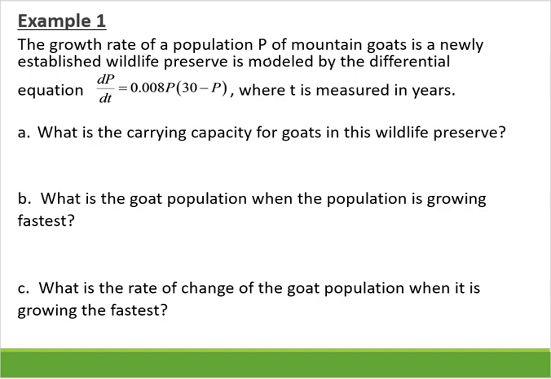Okay, so the growth rate of a population of mountain goats in a newly established wildlife preserve is modeled by this differential equation, where t is measured in years. So I kept this the same from the old book, because even our new book uses this. So what I'm going to do is put this in terms of our new book, the one that I see more often on the AP.